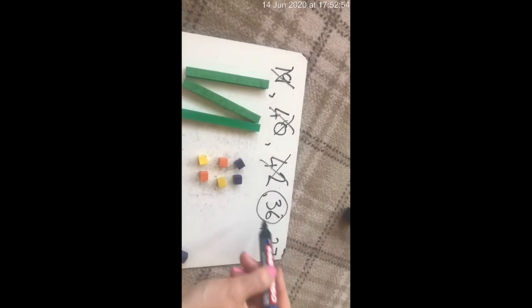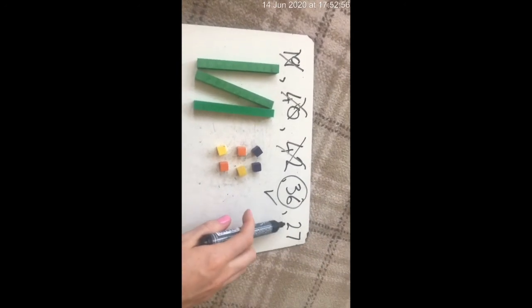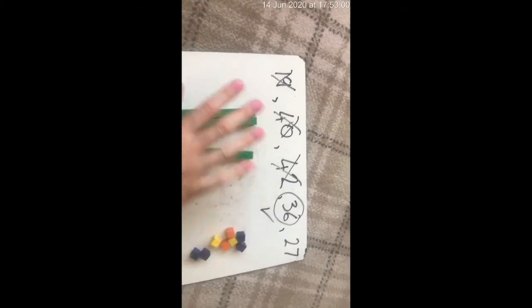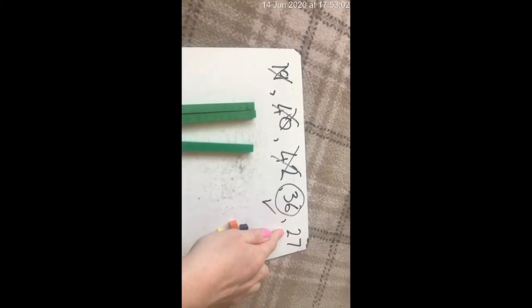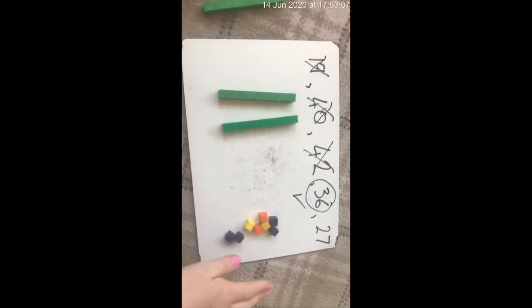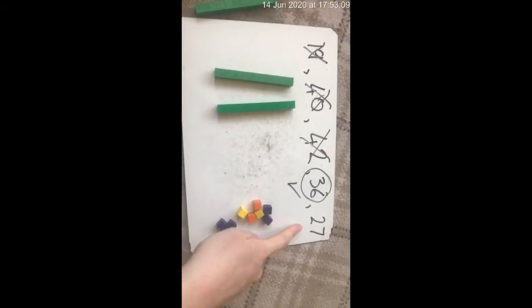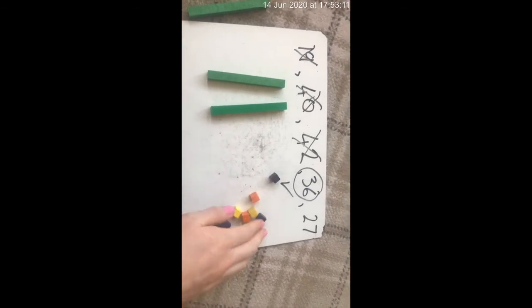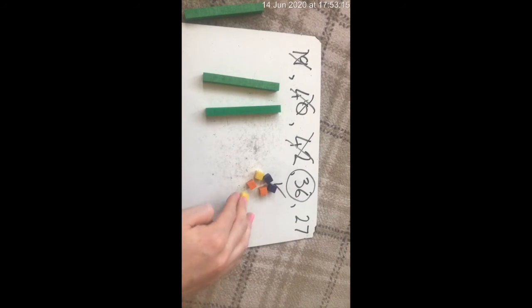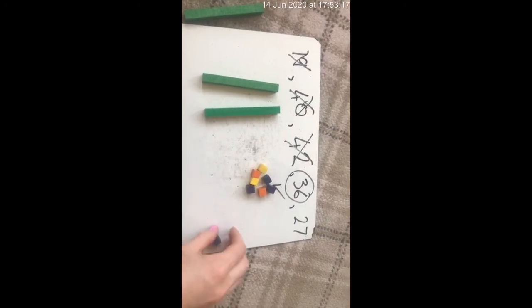So that's good. Can I make 27? Now, how many tens? 2. So I can do that. 2 tens. And can I do 7 ones? 1, 2, 3, 4, 5, 6, 7.